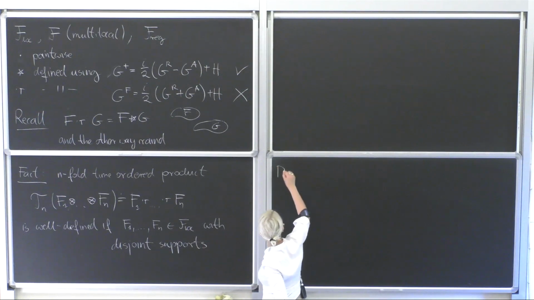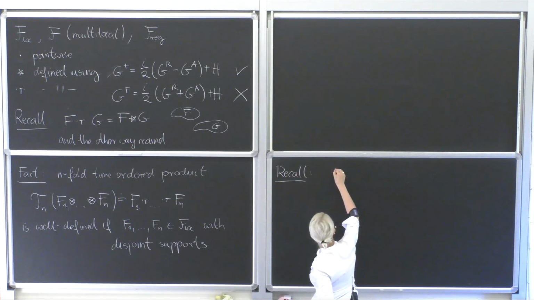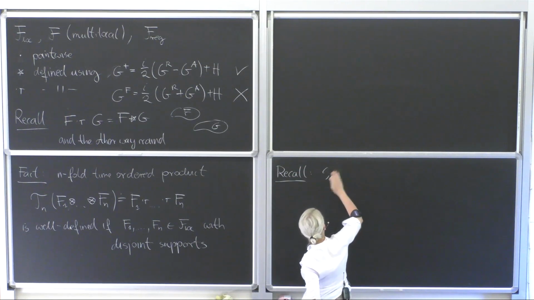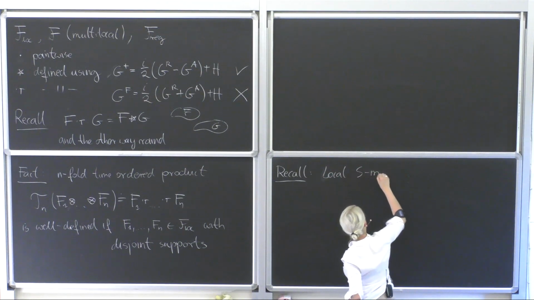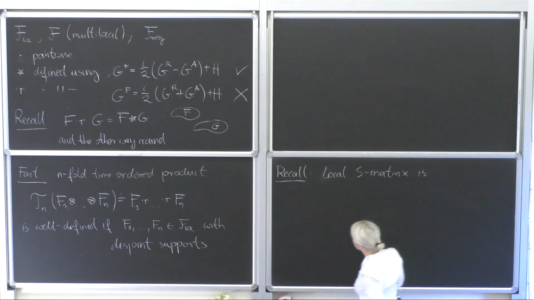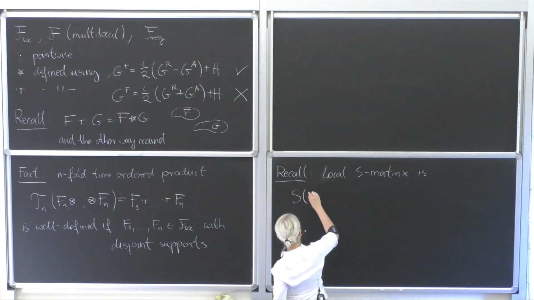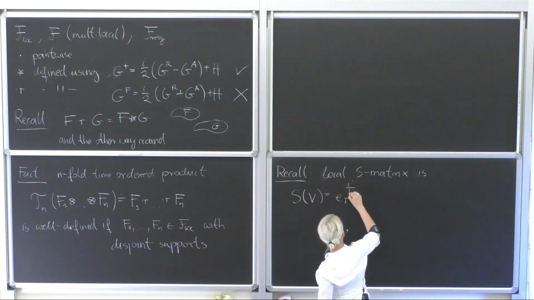Let's recall another fact from last lecture. The S matrix, or local S matrix, S of V, I said it was a time-ordered exponential.